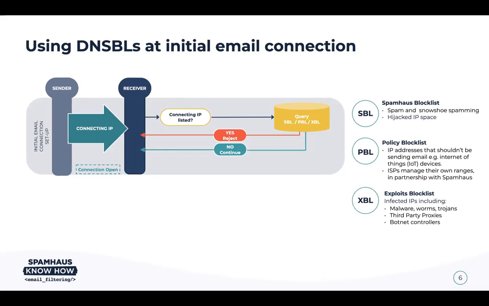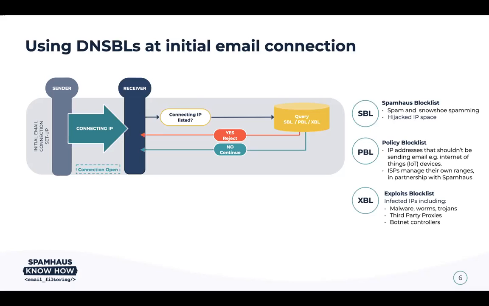The data sets that you can use for these lookups are, of course, all the ones that revolve around IP reputation. So in our case, you have available the SBL, that is mostly about machines that are being used for various types of abuse, but also for hijacked IP space, as we said.